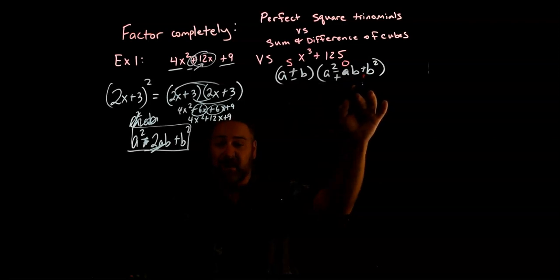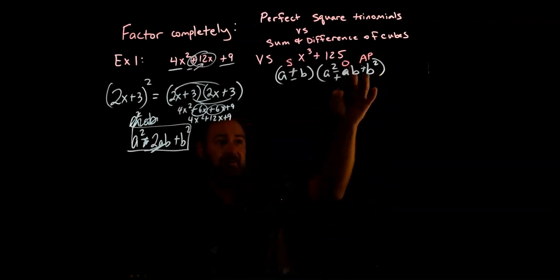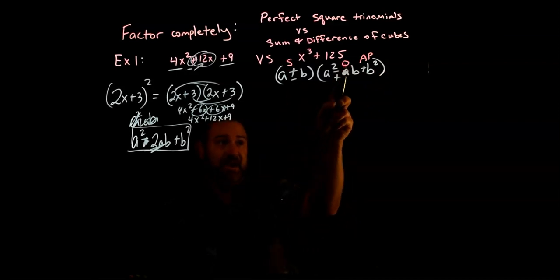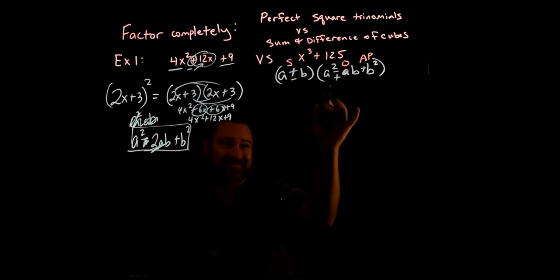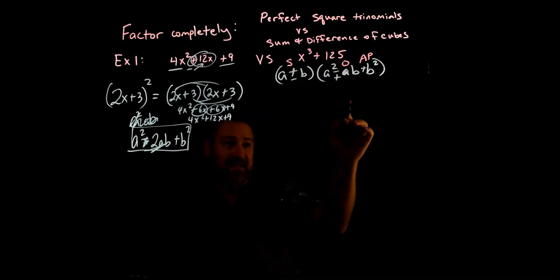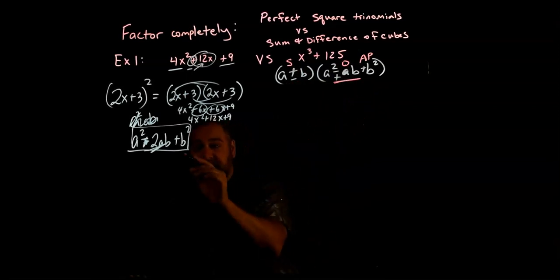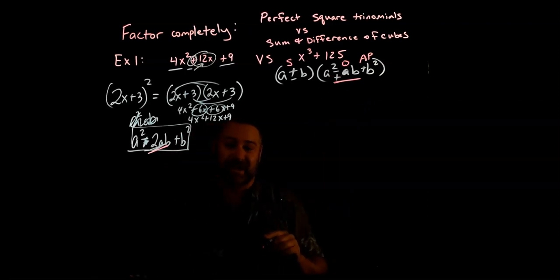And then the last one's always plus, so sometimes we'll hear teachers say always positive. So same, opposite, always positive, and the way that we can remember that is SOAP. But you really have to know your A's and the B's before you can kind of just worry about signs. And the big one is understanding that that's a 2AB, and when you're doing cubes, it's just a regular AB.